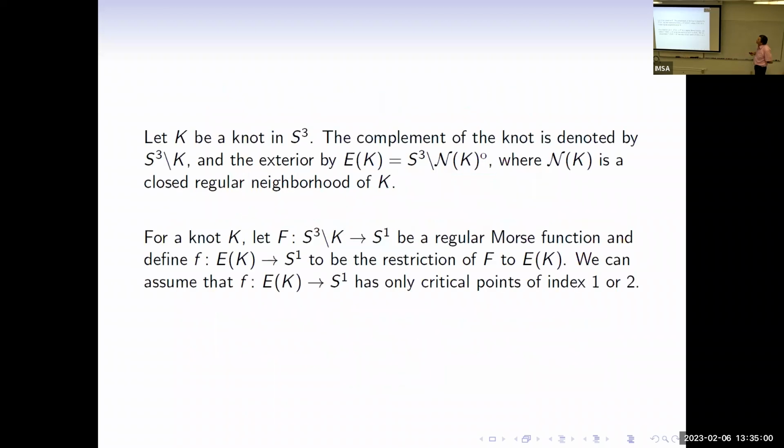Now, I'm going to remember some static stuff. Suppose we have a knot in S3, so we have a knot and the exterior of the knot. Suppose we have a knot K, and then if we run around this way, we can define a map function to the circle.